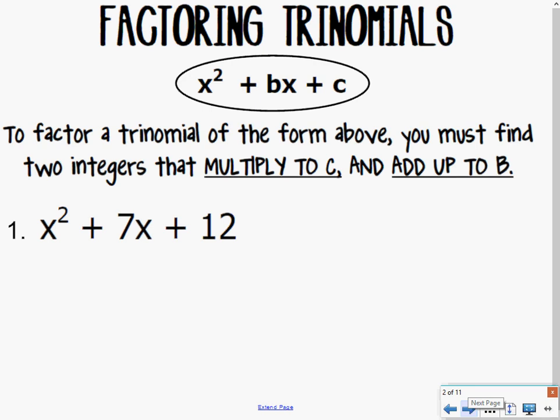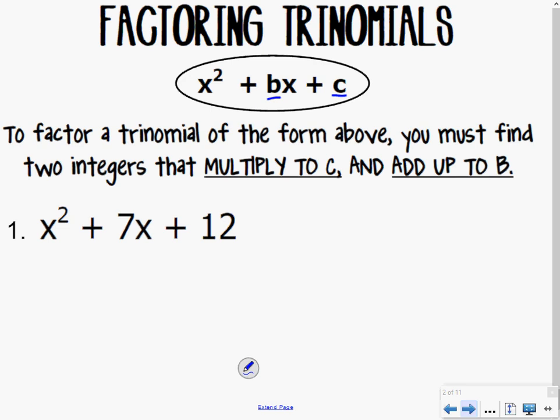So here's the general form of a quadratic trinomial: x squared plus bx plus c, where b is just a number and c is just a constant. To factor a trinomial of that form, we need to find two integers that multiply to c and add to b. That's why we did those two warm-ups, because we're going to be doing the same kind of thinking when we're factoring.